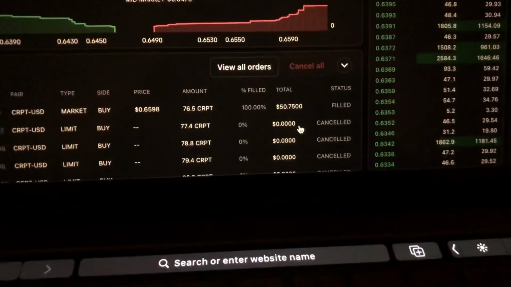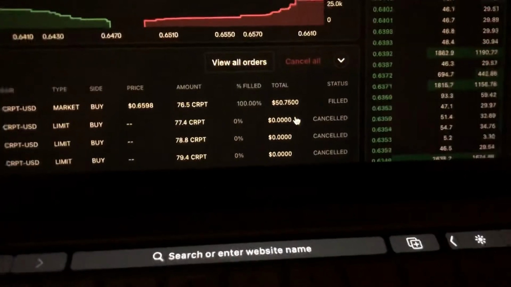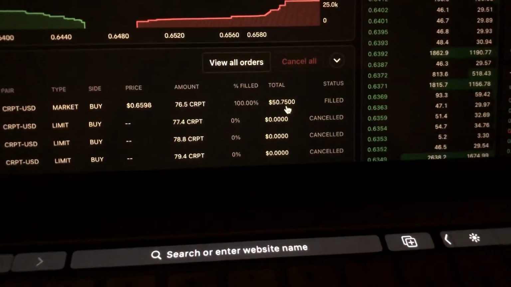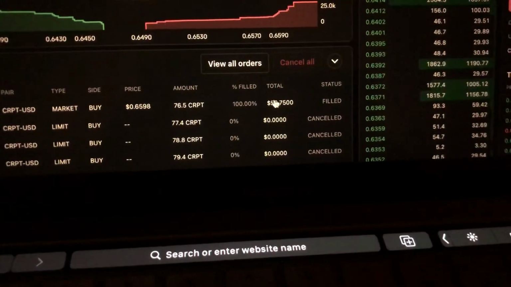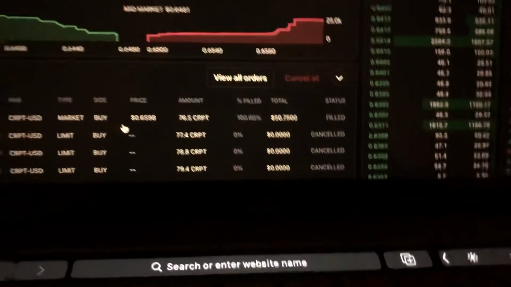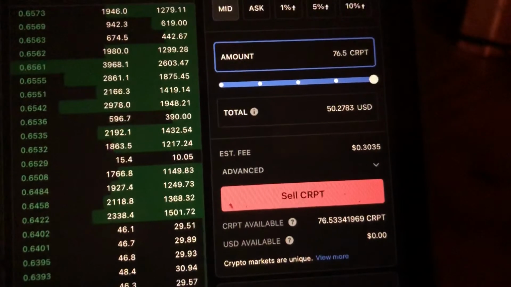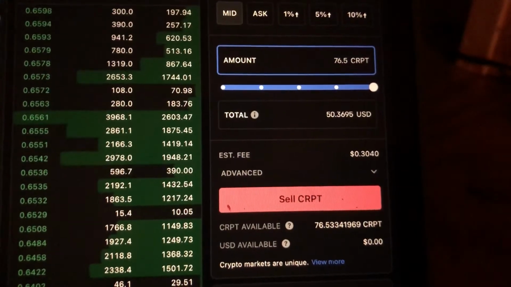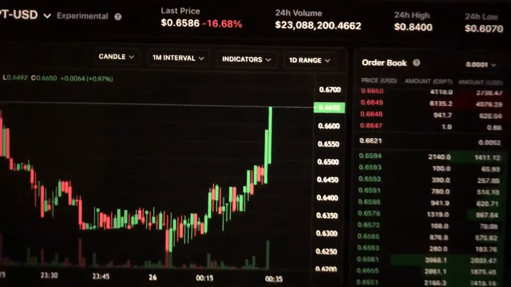Then I ended up buying back in. This is how much money I had when I bought back in, when I started to make this video, and I am down 50 cents.